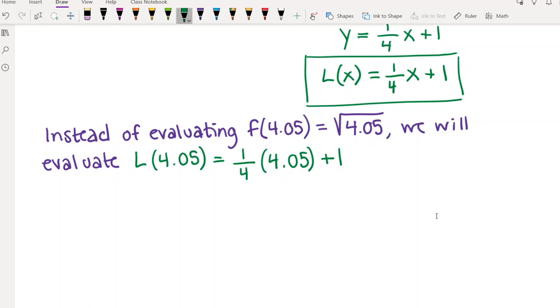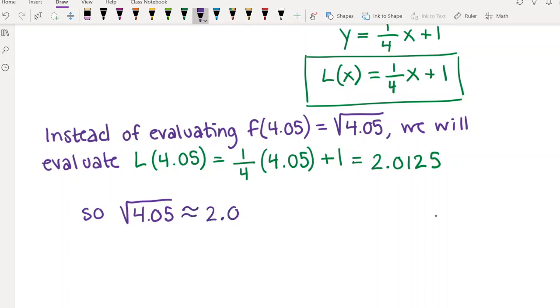So I'm not going to go through doing this by hand, and you're welcome on the homework to actually type this into a calculator, but just know that theoretically, you could do this with pencil and paper in a way that you can't with square roots. So if you actually evaluate this, you'll get 0.0125 for the part added to 2. And so what does that tell us? That tells us that the square root of 4.05 is approximately equal to 2.0125.